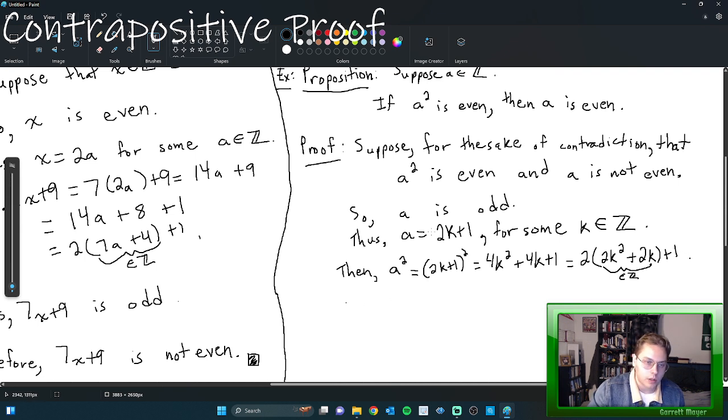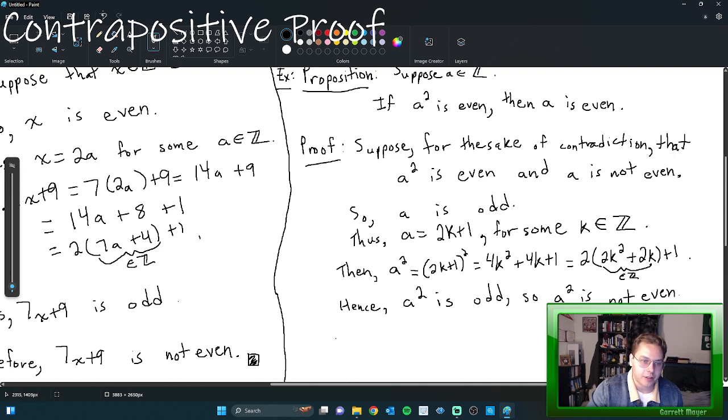So this means a squared is even, or sorry, is odd. So a squared is not even.